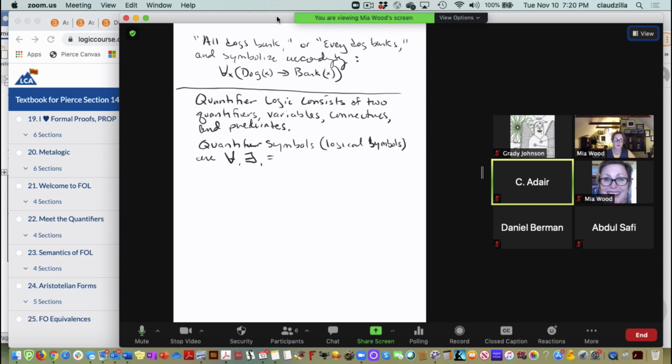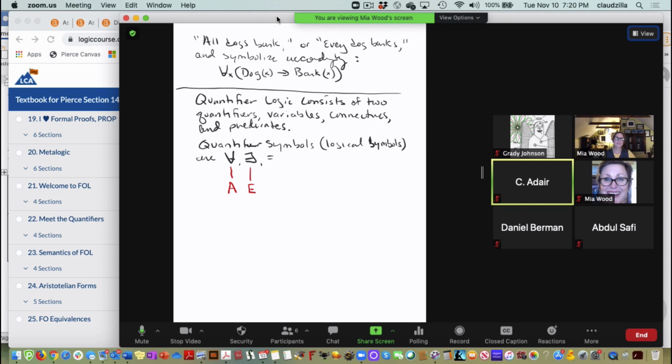You have to create special symbols. So what our textbook does is say, let's just use capital A for the universal, and the ordinary direction of E for the existential, okay?